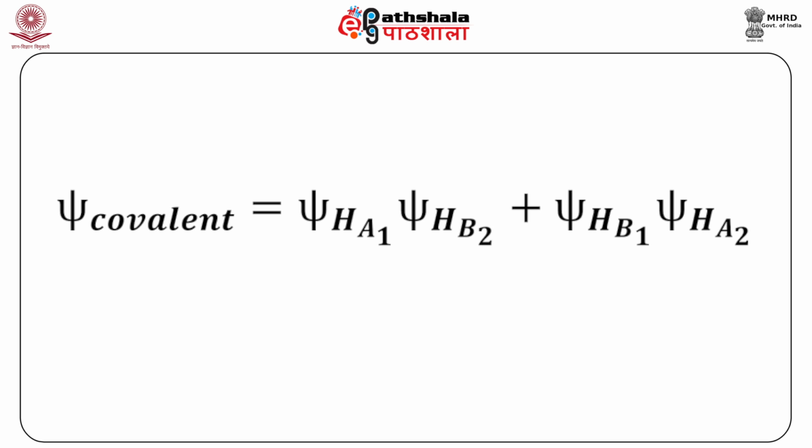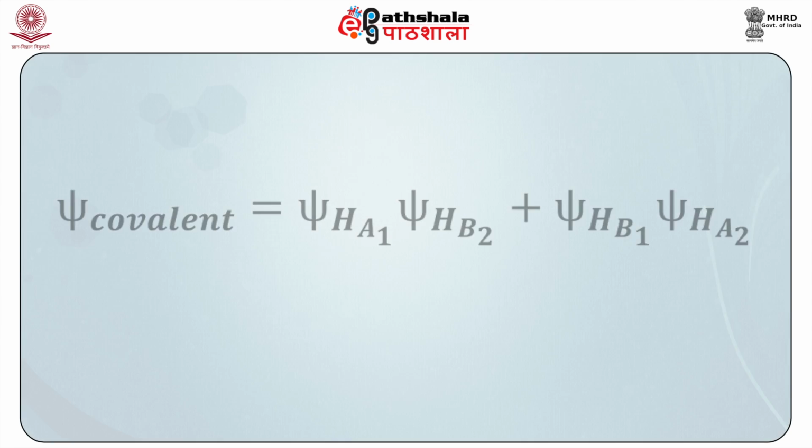On the other hand, the terms psi HA1 psi HB2 and psi HB1 psi HA2 represent covalent contributions, because they represent a situation where one electron is around one atom and the other electron is around the other atom.